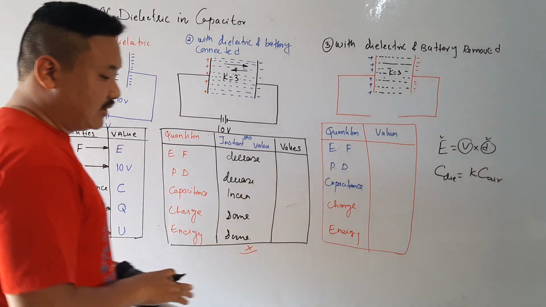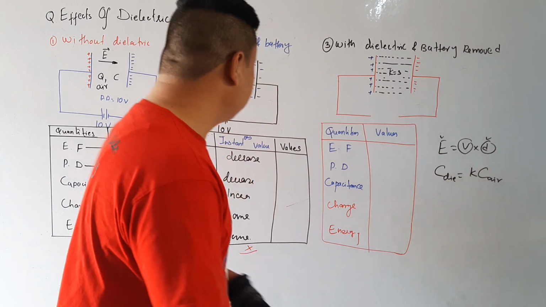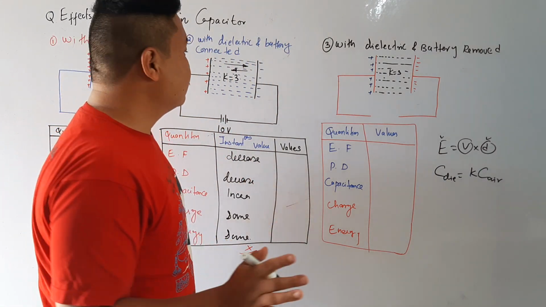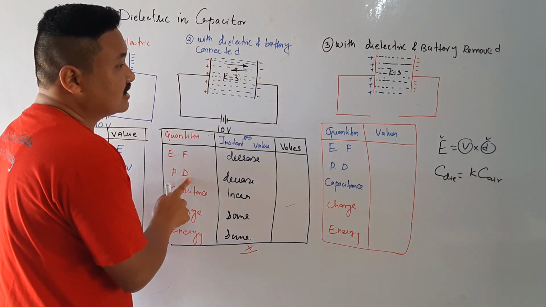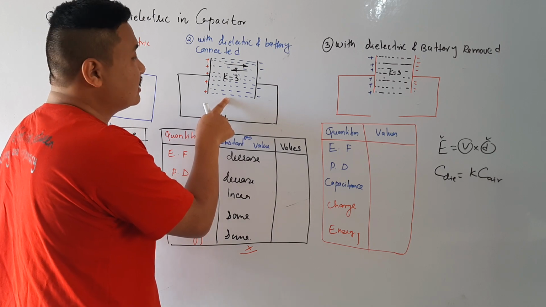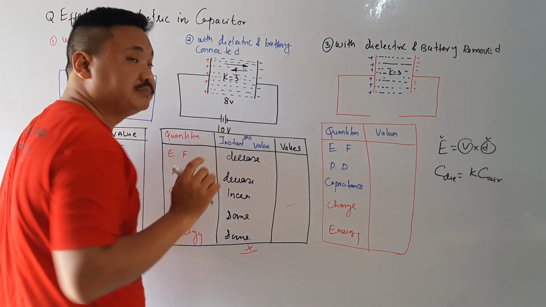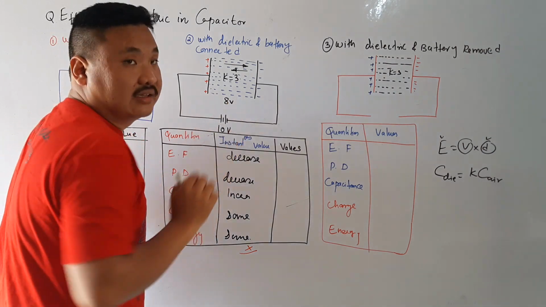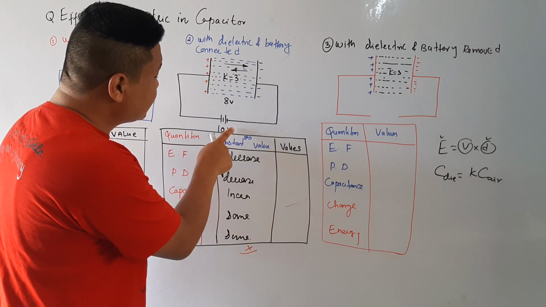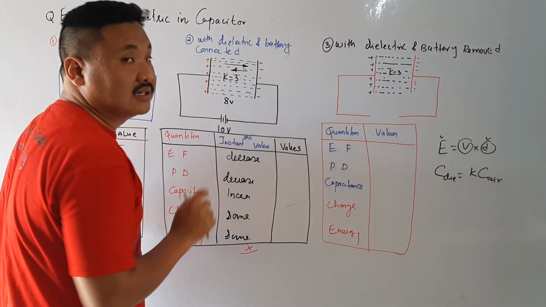But when you put it and leave it for some time, what will happen to the electric field? First it decreased, then the potential difference also decreased. When you insert the dielectric, the potential between this plate and that plate instantaneously becomes 8 volt, but the battery potential is 10 volt. So there is a potential difference.